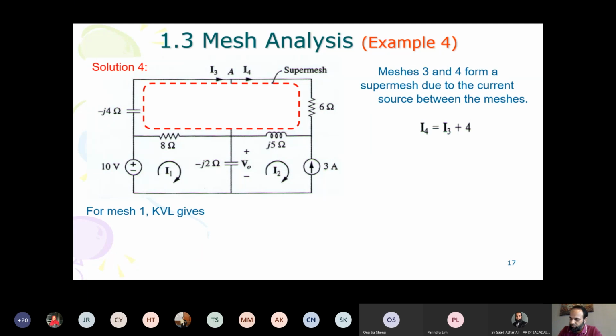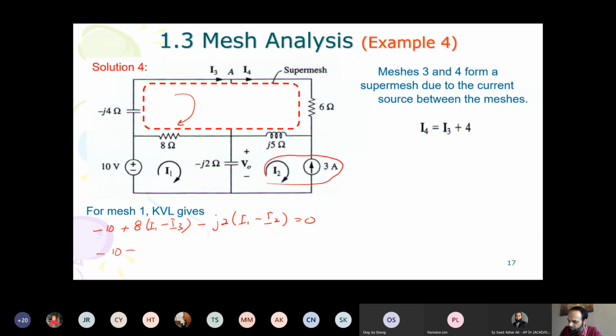So for mesh 1, we get minus 10 plus 8 times I1 minus I3, minus j2 times I1 minus I2, equal to 0. This is one equation. And we already know that I2 is minus 3.